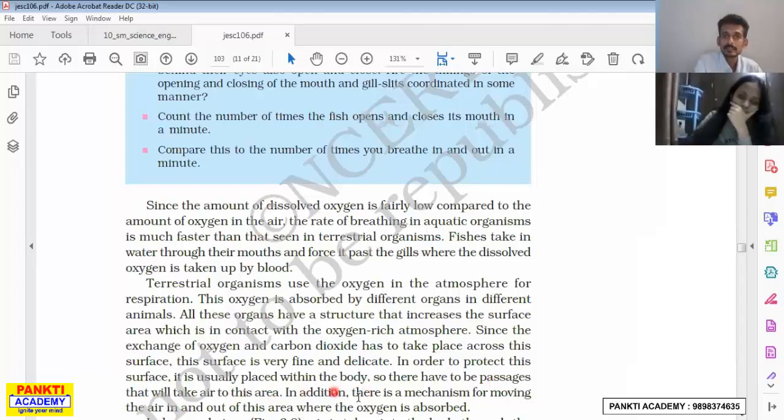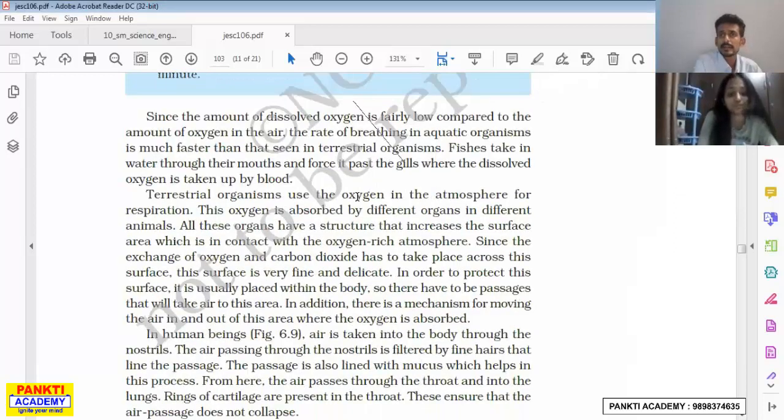In addition, there is a mechanism for moving the air in and out of this area where the oxygen is absorbed. Meaning here mechanism means what? A property is given so that the oxygen taking process and the absorption process are properly carried out. Okay, understood beta?